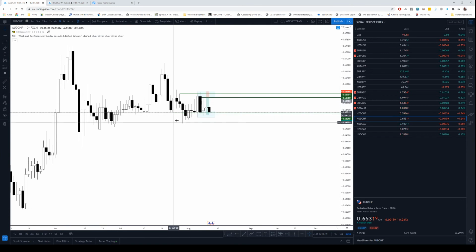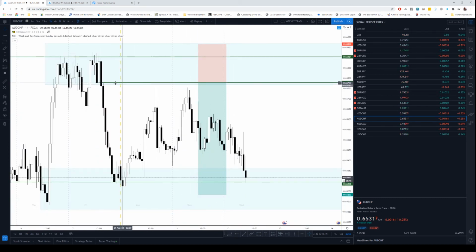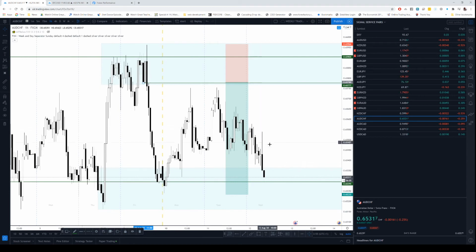Do not touch it. Aussie is strong, so it's going to keep doing what it's doing. I did like this last up candle there. It didn't get there. Yesterday, that's the level I liked to go short. It didn't get there, and then we saw a move back down. So nothing to do on this.